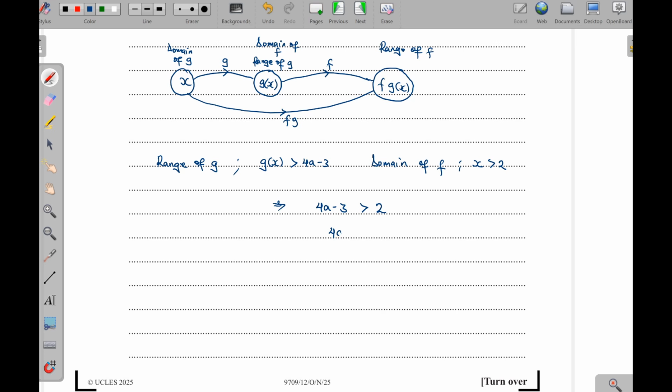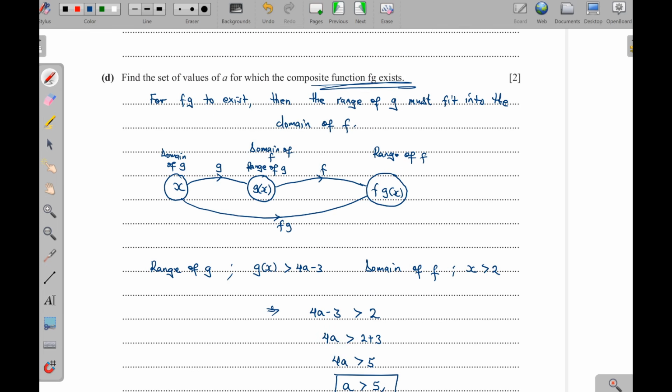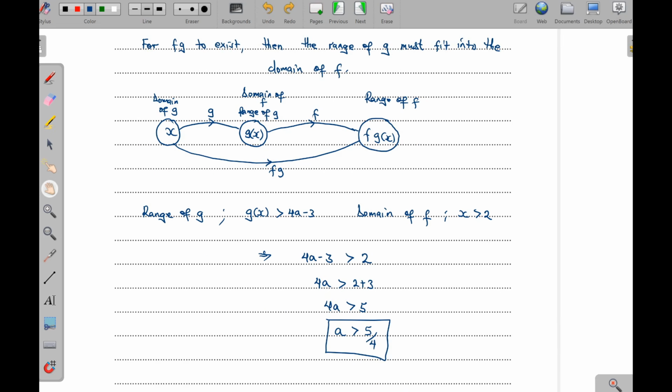Now you have 4a greater than 2 plus 3, and then 4a will be greater than 5. That means a has to be greater than 5 over 4. So this will be the set of values of a for which this one will exist. Does that make sense? All right.